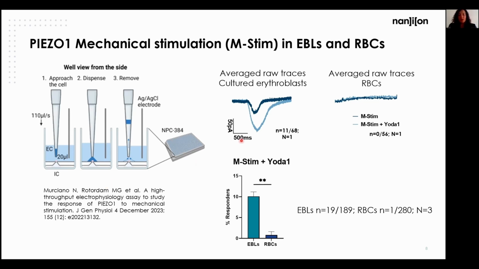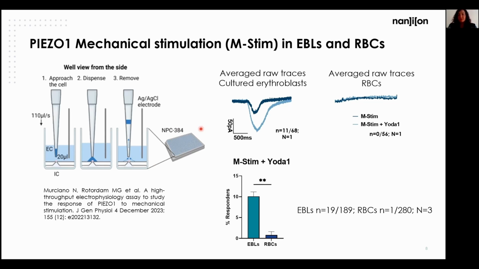I performed this assay on erythroblasts and red blood cells. In dark blue, we can see the pure mechanical stimulation, while in light blue, we have mechanical stimulation combined with Yoda1. We can see that in erythroblasts, the mechanical stimulation elicited a small current, and this was amplified and boosted with the help of Yoda1.